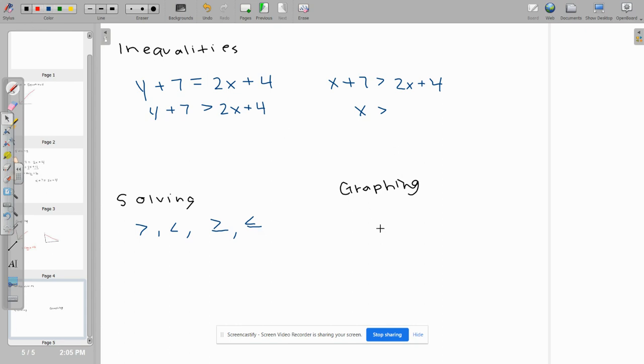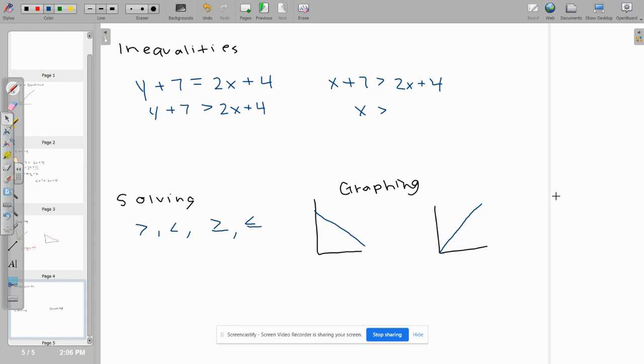So when we're looking at graphs of inequalities, we'll just do a quick, brief overview of it. It could be very similar to how we go about graphing any linear equations or equations that you've graphed in the past. The difference is that since we do have that inequality present, we have to pay attention to it.